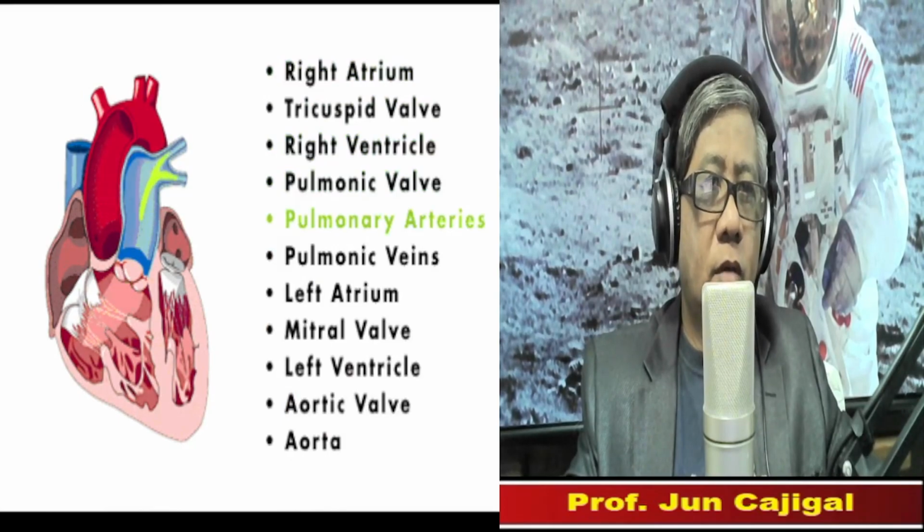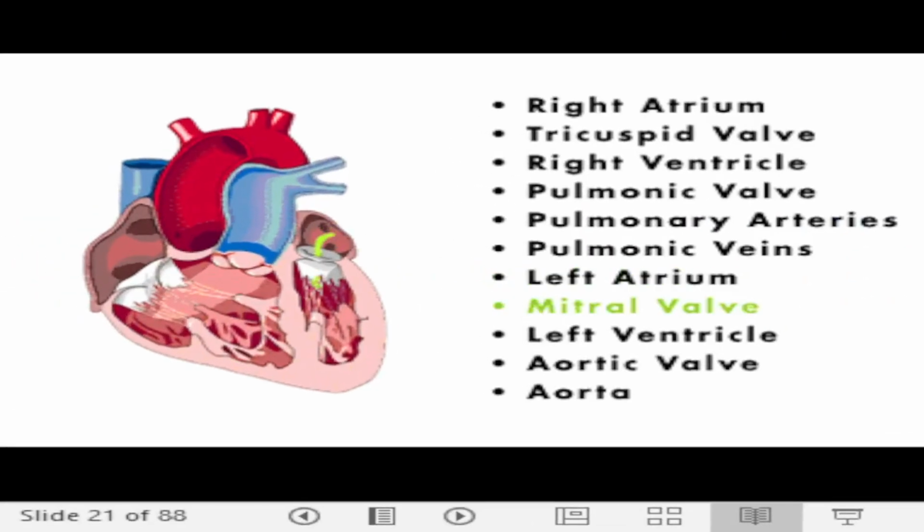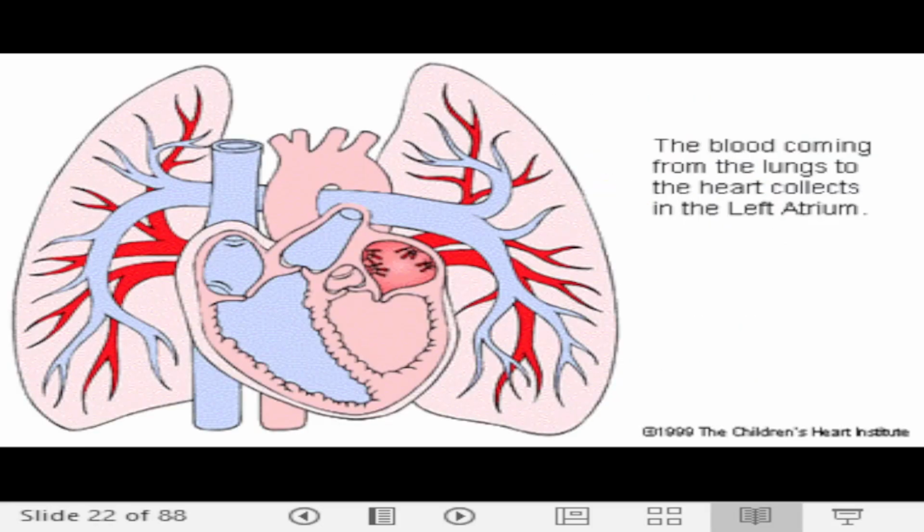From the right atrium, the blood flows through the tricuspid valve. Then it enters the right ventricle, then to the pulmonic valve, then onto the pulmonary arteries leading to the lungs. Then from the lungs, the blood flows to the pulmonary vein, then the left atrium, then through the mitral valve, left ventricle, aortic valve, and we have the aorta. So that's how blood flows inside the heart.